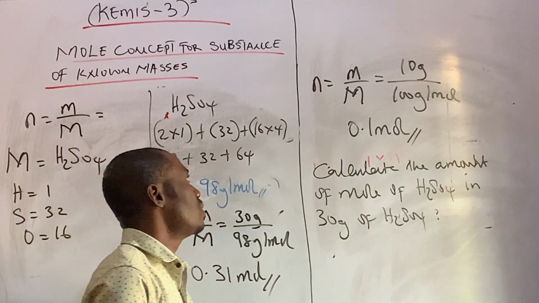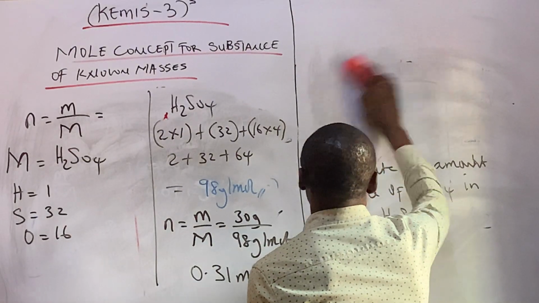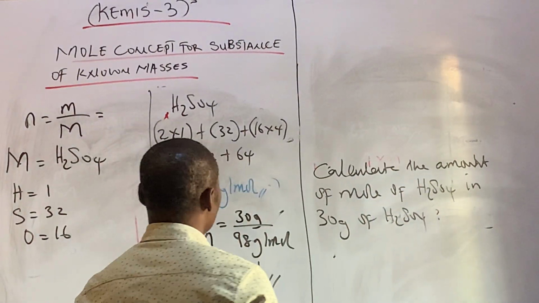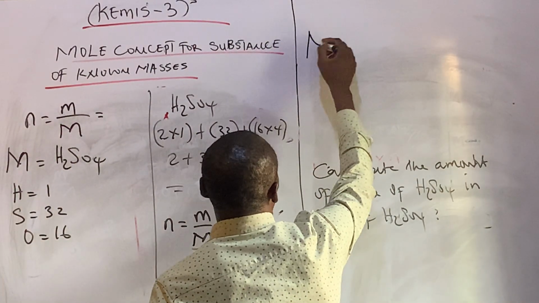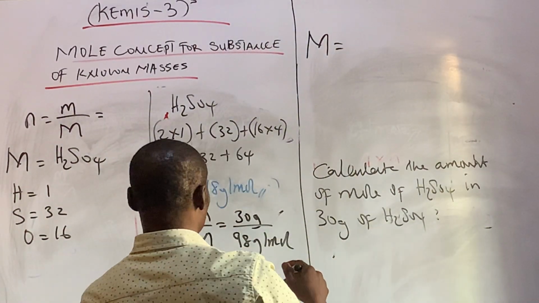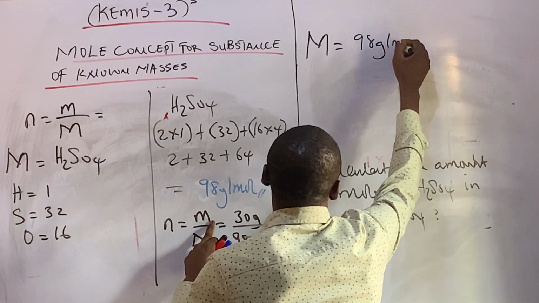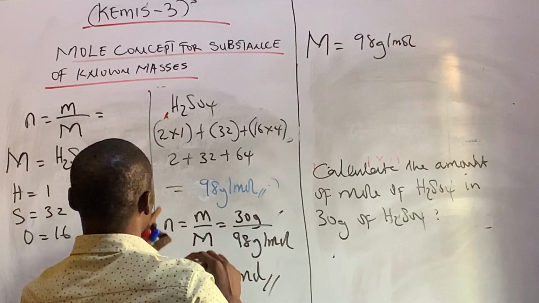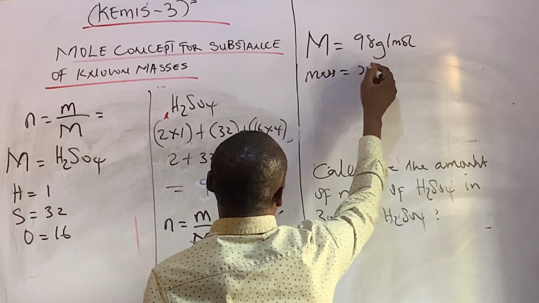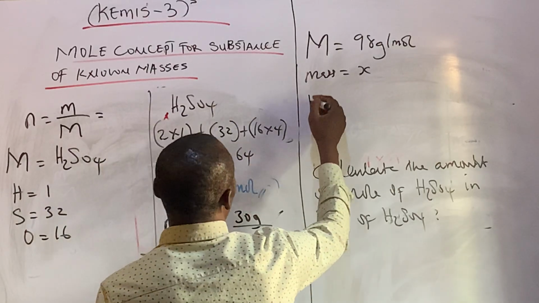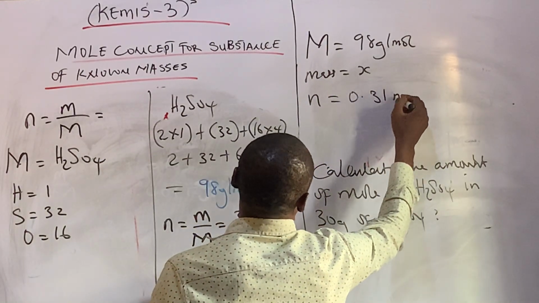That will be the number of moles of H2SO4 in 30 gram of H2SO4. Now let's say the molar mass is given to be 98 gram per mole, and then the mass is not given, and then the number of mole is given to be 0.31 mole.